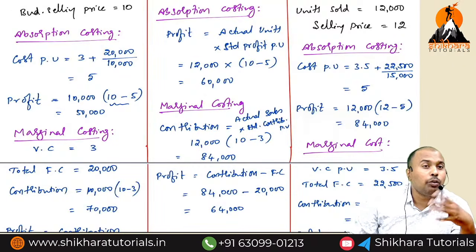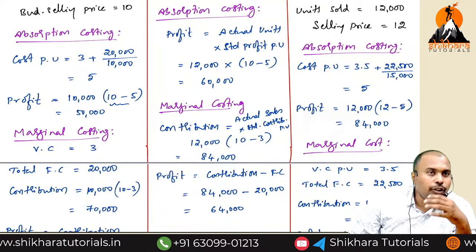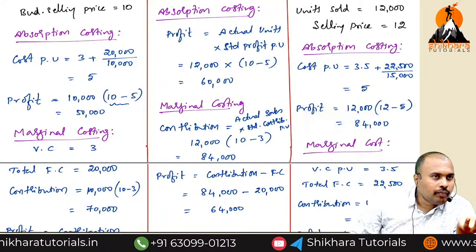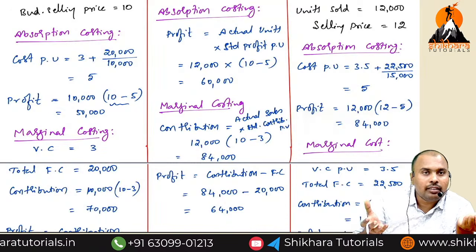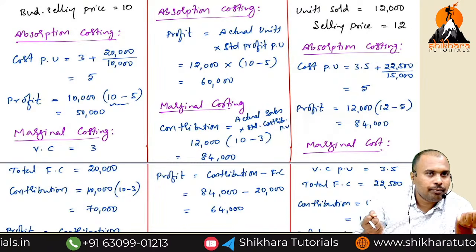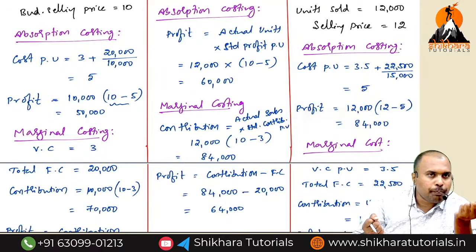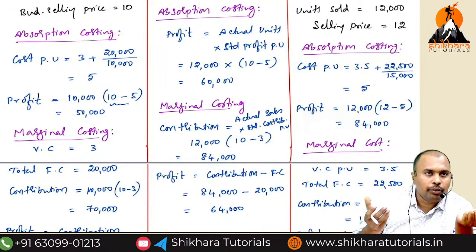Expenditure, how much I told to spend? I told you to spend 20,000 rupees, but you spent 22,500. It means that is called nothing but expenditure. I told you to spend 20,000 and you spent 22,500.